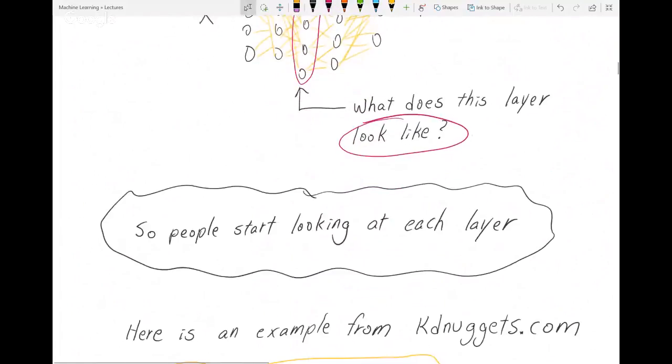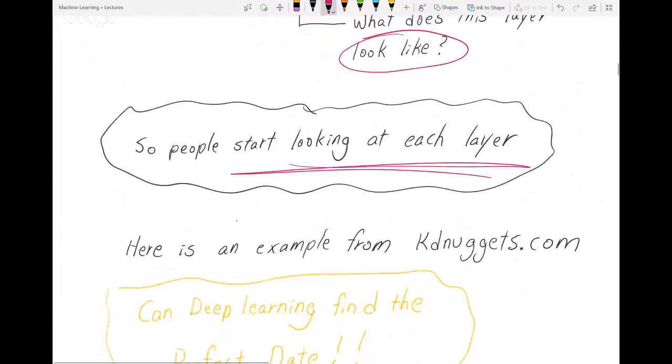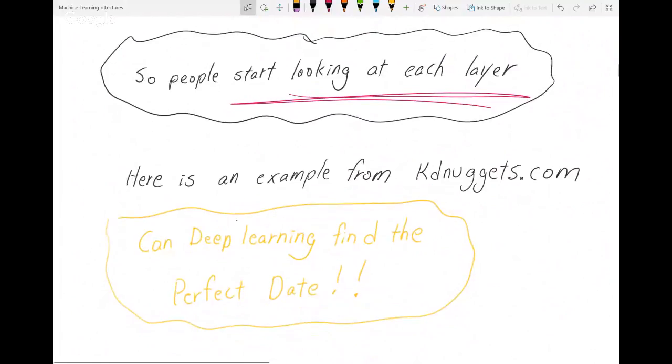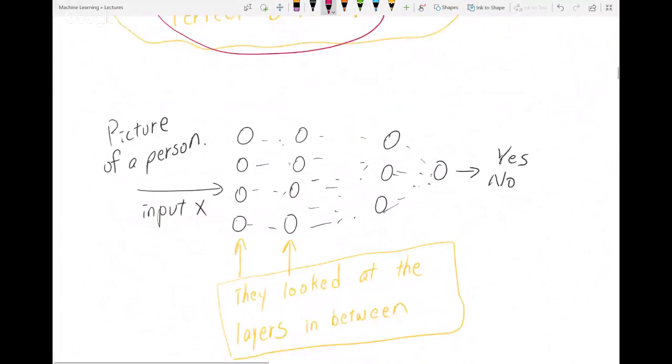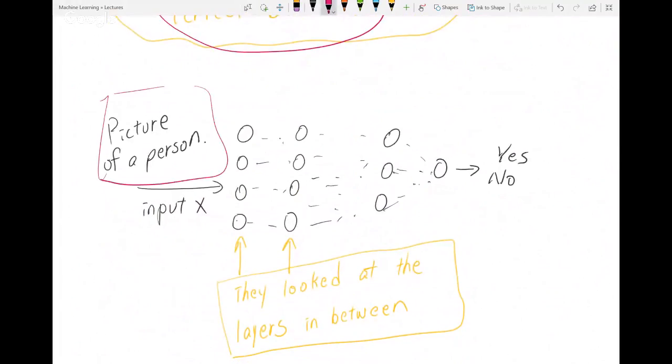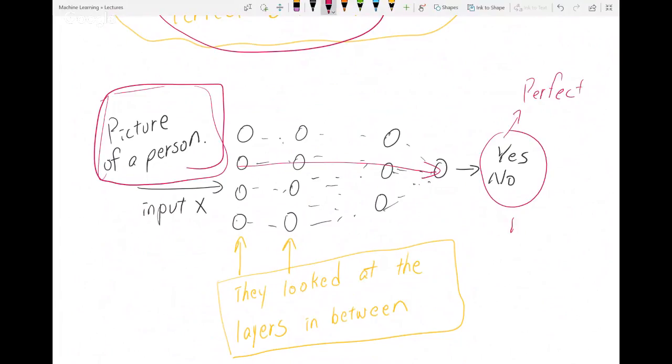So people started looking at each layer. Here's an example I found from KDnuggets called Can Deep Learning Find the Perfect Date? It's not exactly the most accurate example, but I think from it we can get an idea of the point I'm trying to make. It had a picture of a person, and the output is yes or no. Is it a perfect date, or is it not?